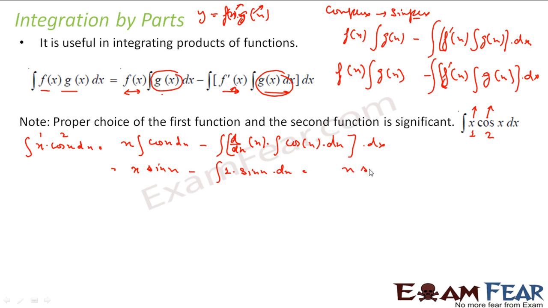This is nothing but x sin x plus cos x plus some constant.